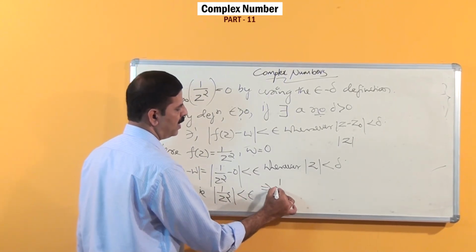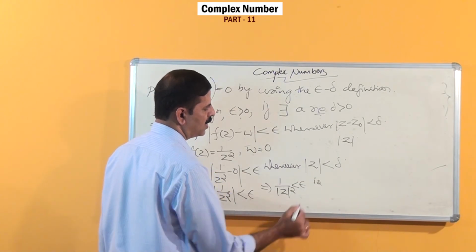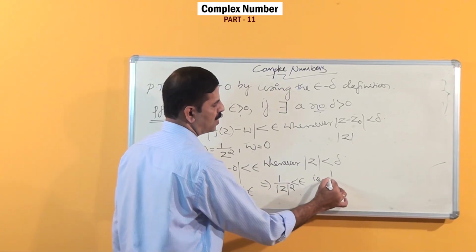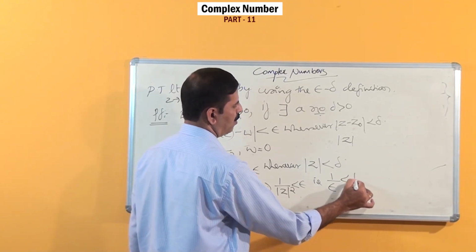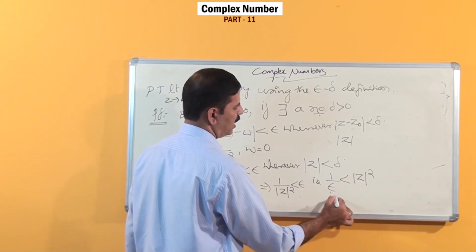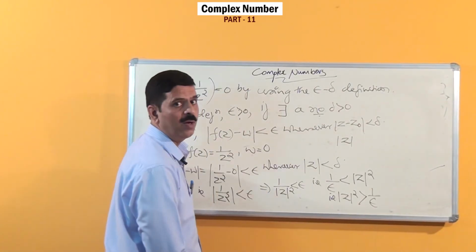That implies 1 by epsilon is less than mod z square, or mod z square is greater than 1 by epsilon.